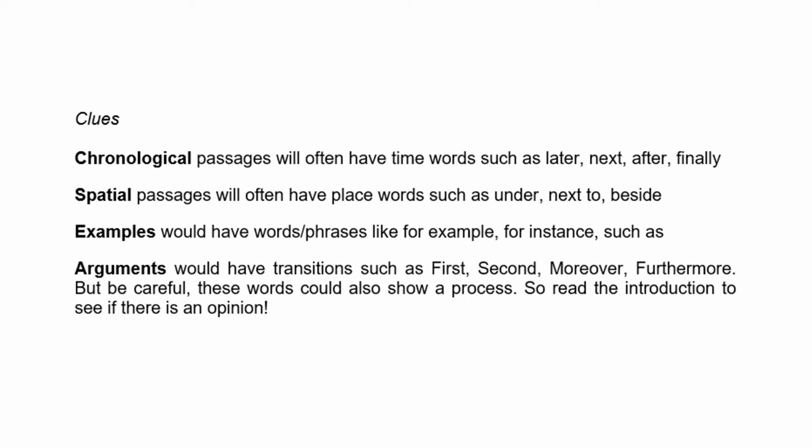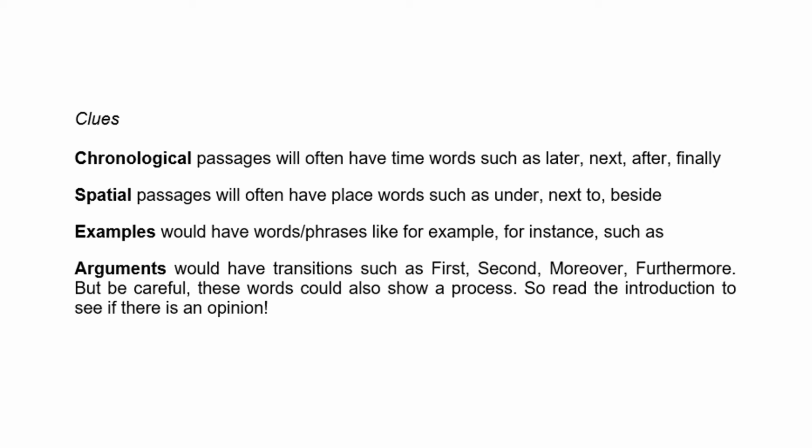So when you're looking for clues, look at any transition signals, any words that might help you. So for chronological passages, look for words like later, next, after, finally. For spatial passages, look for words like under, next to, beside, on top of, beneath, above.